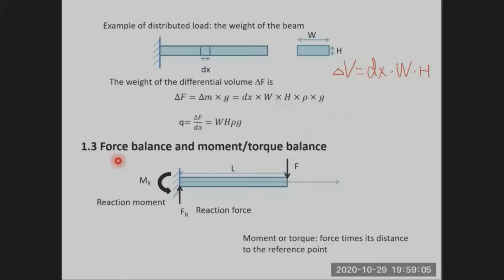(1.3) Force balance and moment or torque balance. As shown in this figure, a point force F is applied to the tip of the cantilever. Then, as we can imagine, the cantilever will deflect downward and eventually reach equilibrium.